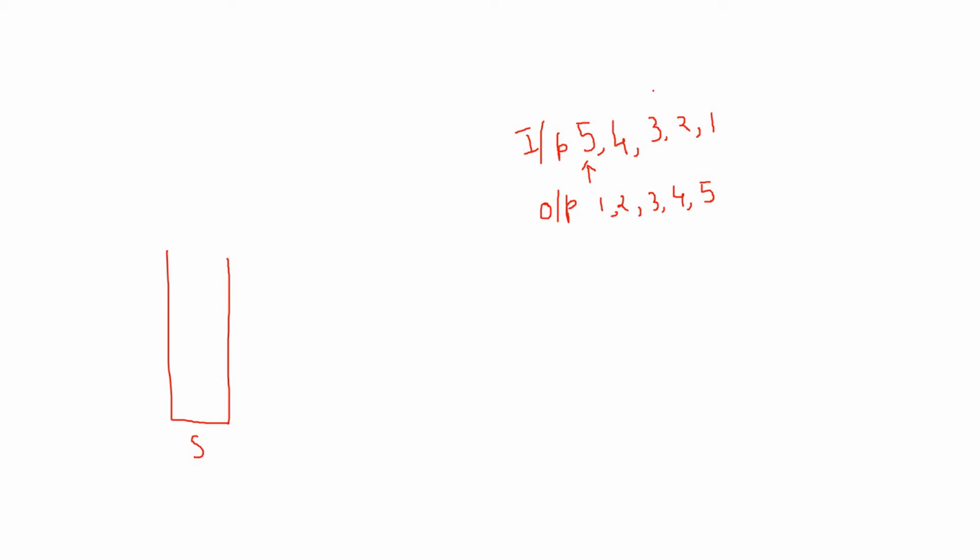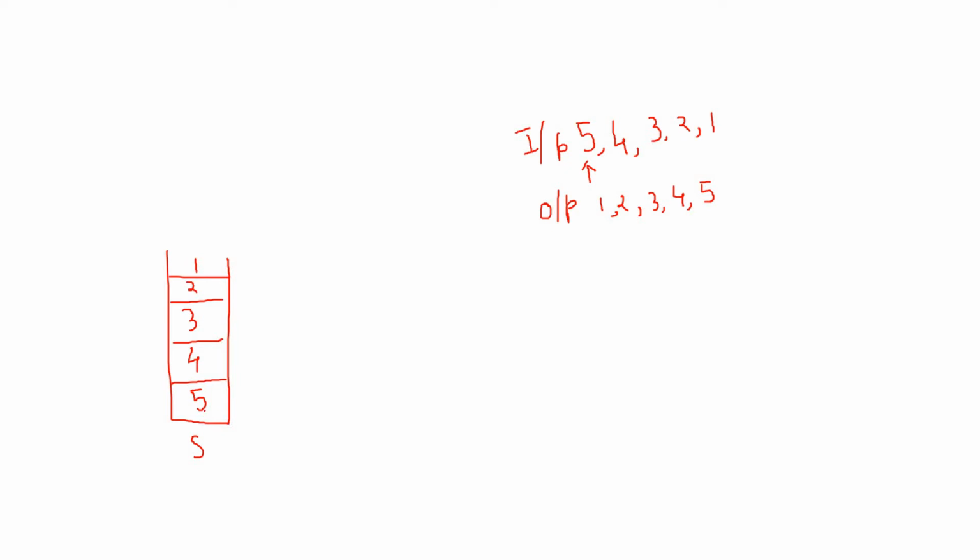So if we traverse this input list 5, 4, 3, 2, 1, the first inserted element will be 5, then 4, then 3, then 2, and finally 1 will be inserted. Clear?